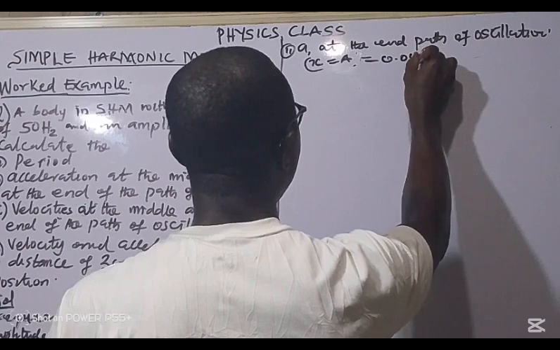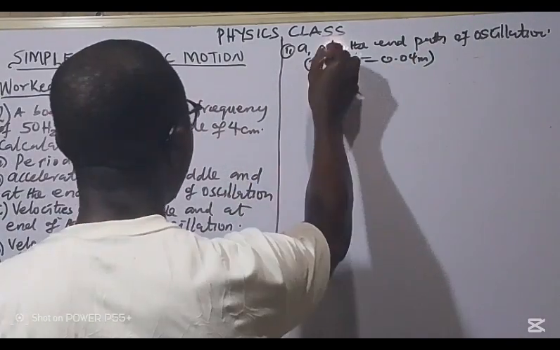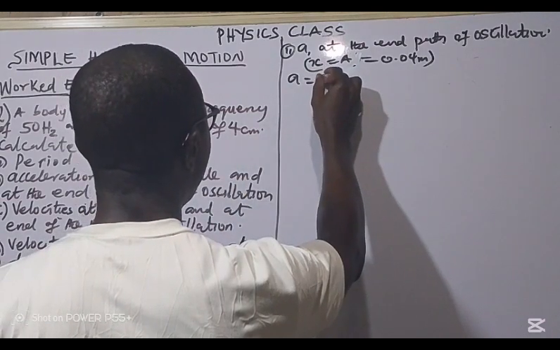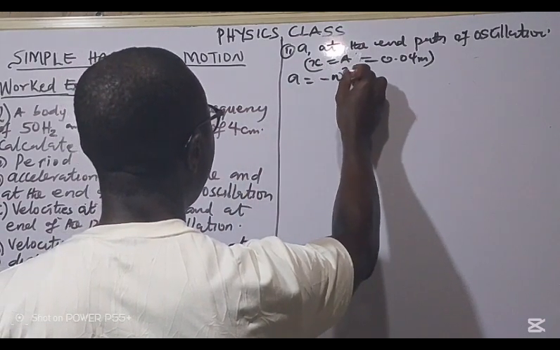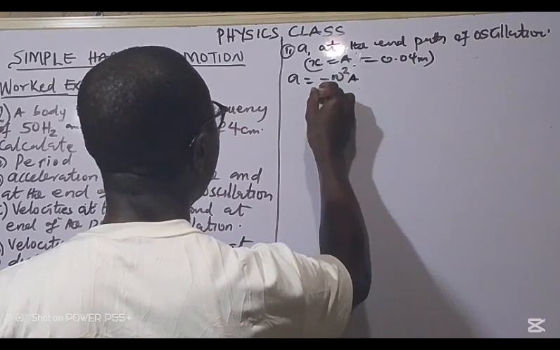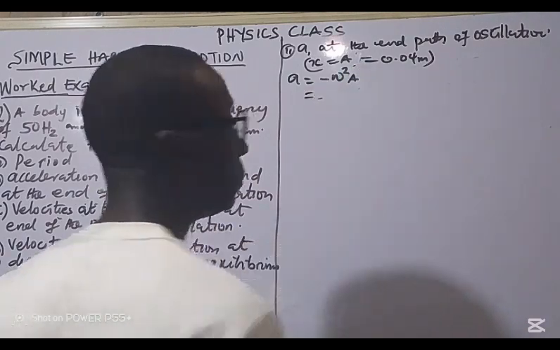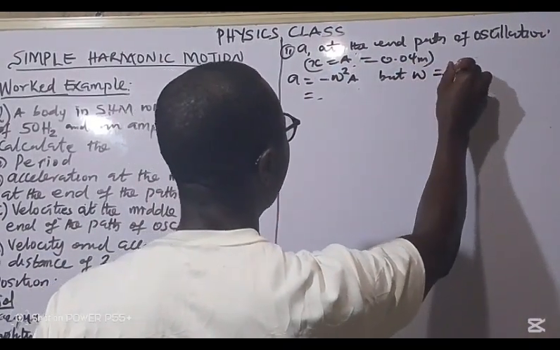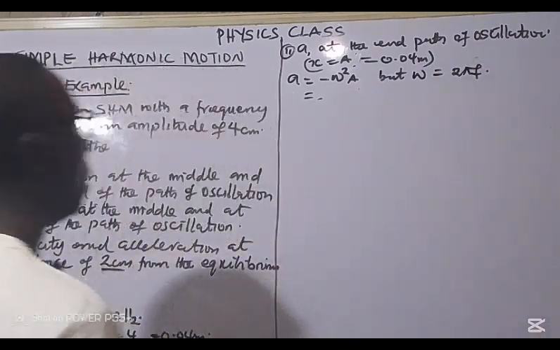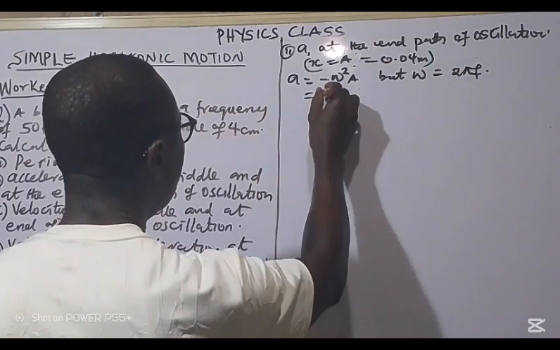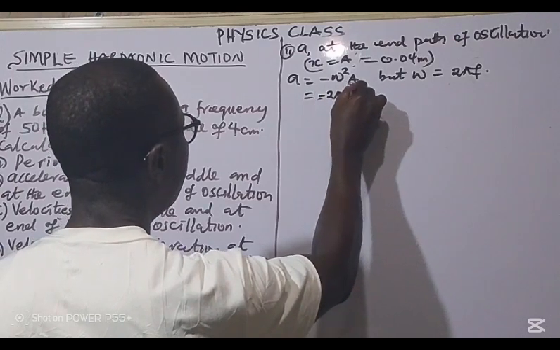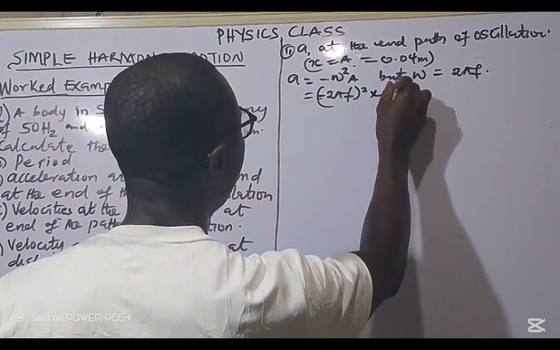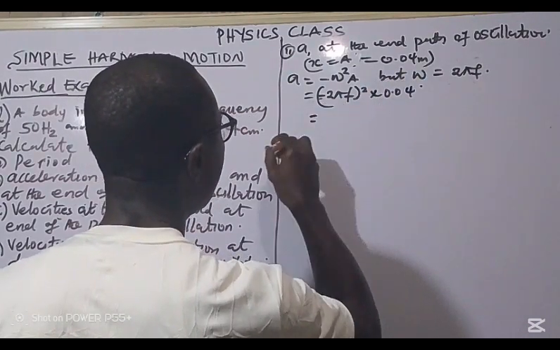So we can now say the acceleration at the end part of the oscillation is a equals minus omega square A. Don't forget, our omega is equal to 2 pi f from what we have done so far. So we are going to have minus 2 pi f all into square multiplied by 0.04.